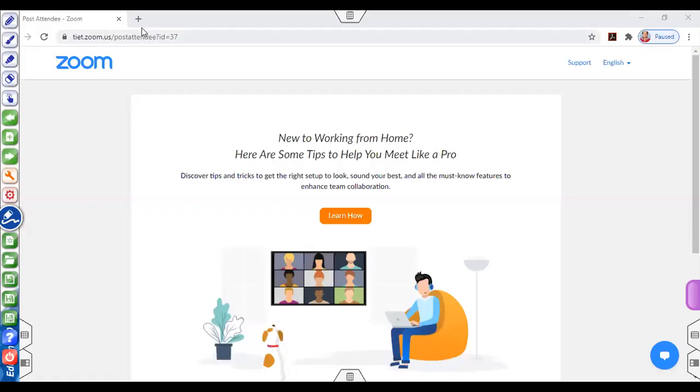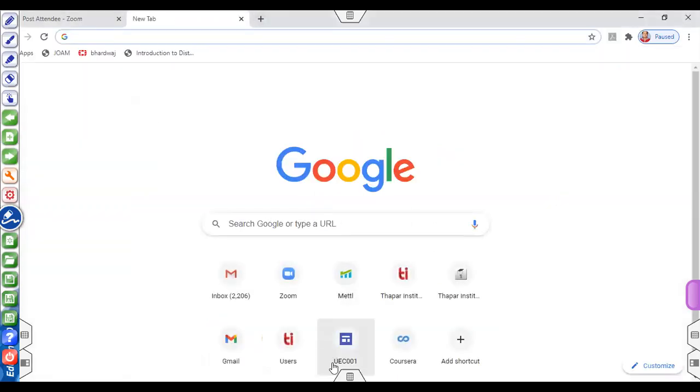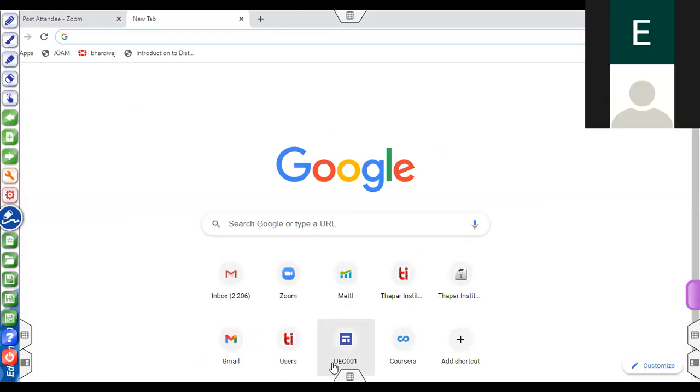Again I will show you how you can access the link. Please have a look once more, I have shown it many times. You can log in on the LMS. I am logging into my LMS account and this is UEC001. Scroll down here, you can see there will be one link.